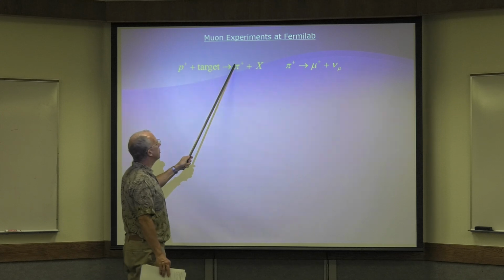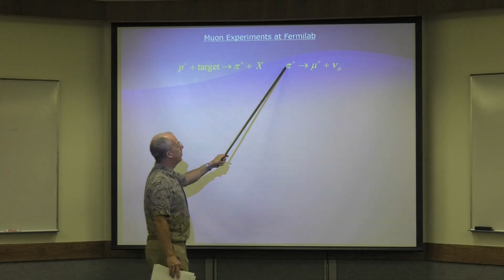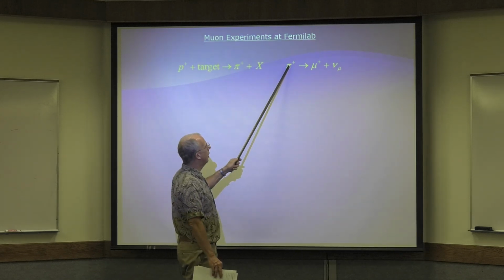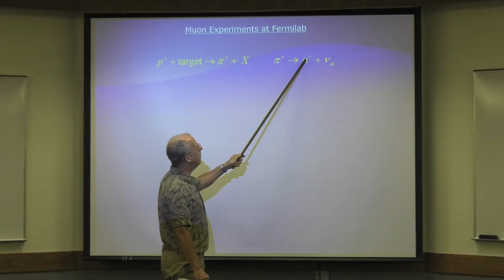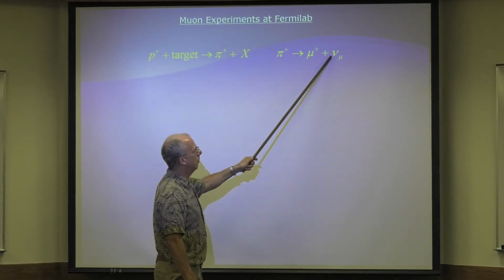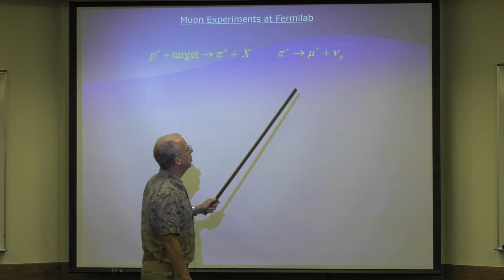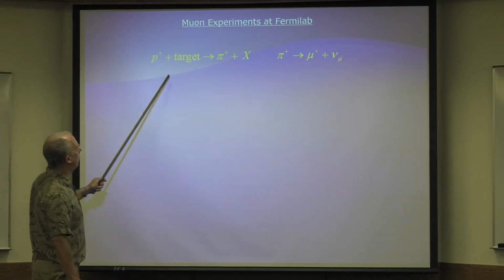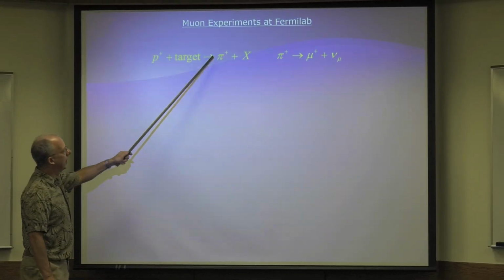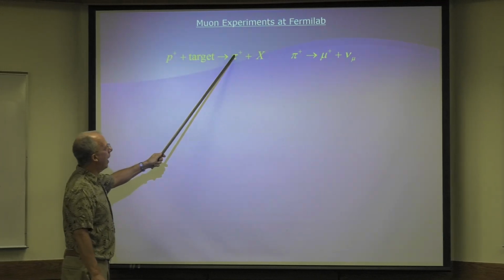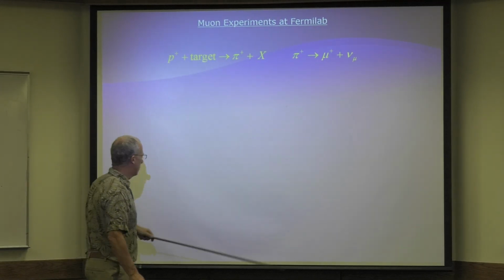Now, pions are unstable, so the pion, after a short time, will decay to form a muon plus other stuff, plus a neutrino, I don't care, all right? So it's a two-step process. First you smash the target to get pions, then you wait for the pions to decay, and finally get the muons. Two-step process.